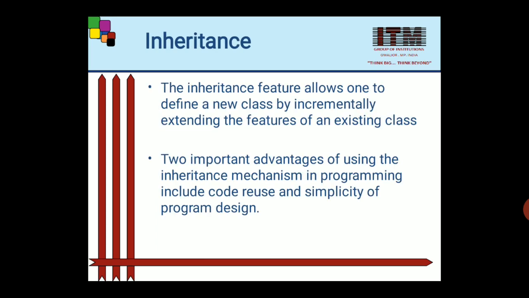Inheritance allows one to define a new class by incrementally extending the features of an existing class. The original class is called the base class, and the new class obtained through inheritance is called the derived class. The derived class is said to inherit the features of the base class. The base class is said to be a generalization of its derived classes.